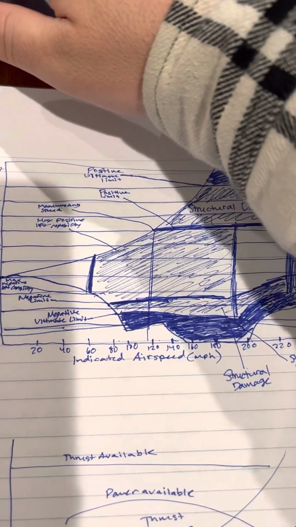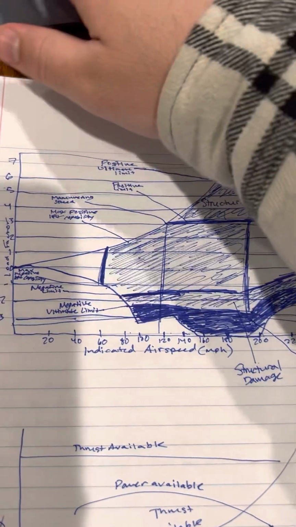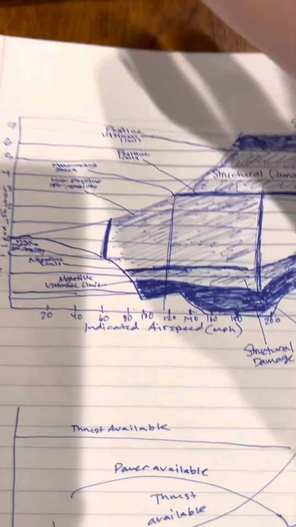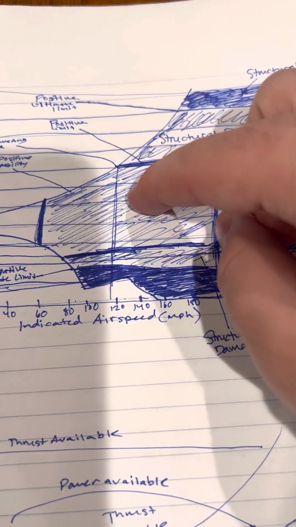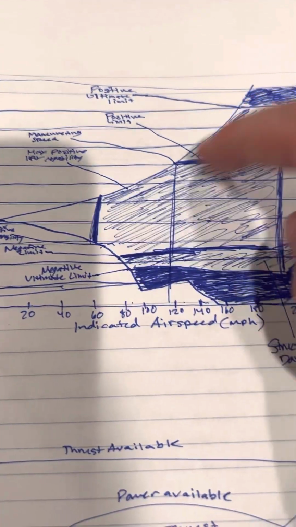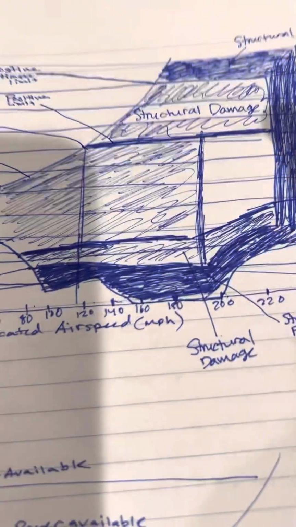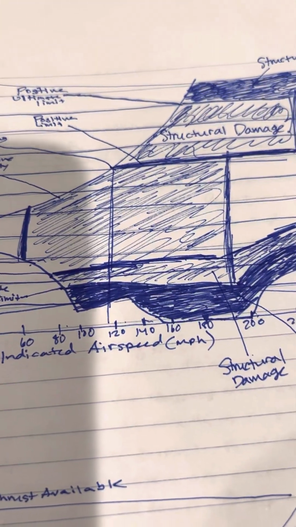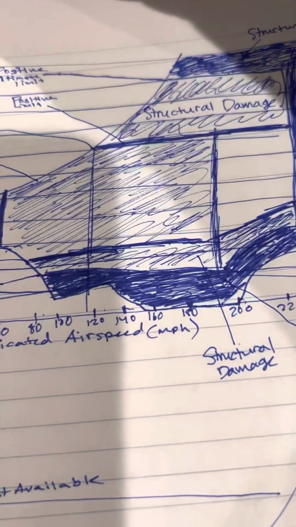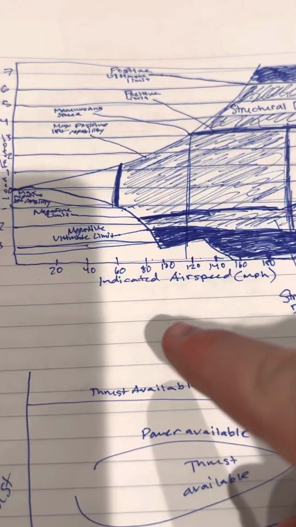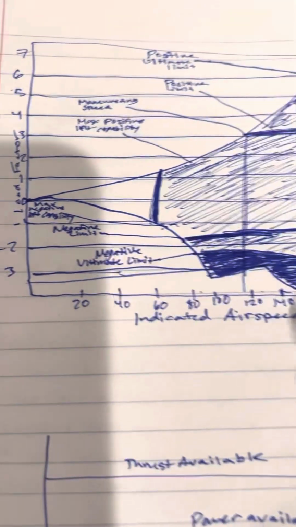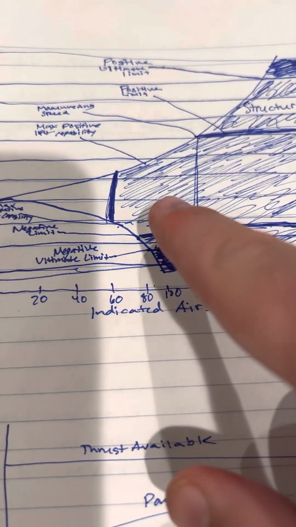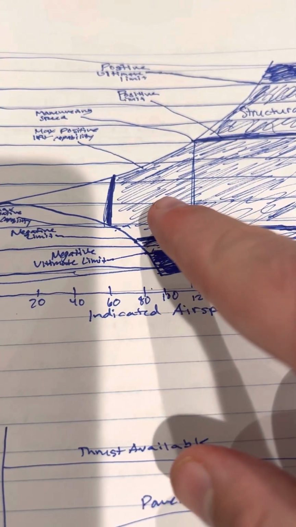The positive limit essentially starts off with the barrier between the green and the orange area that's represented in that diagram. Then we also have the negative limit, which is also the barrier between the orange and the green right here as well.